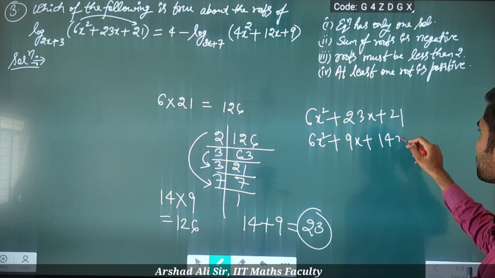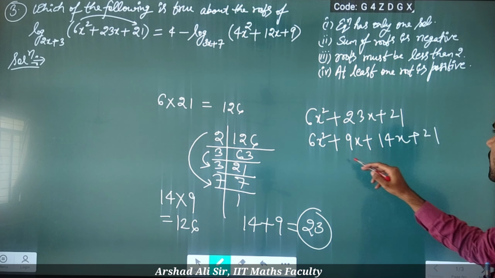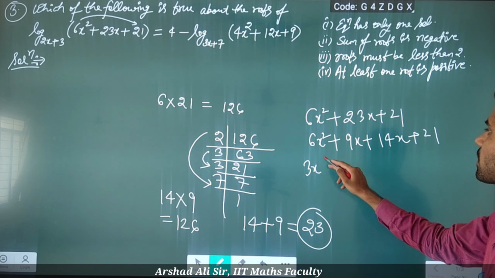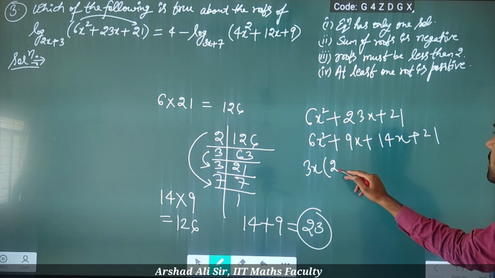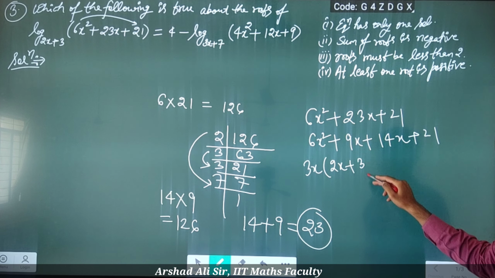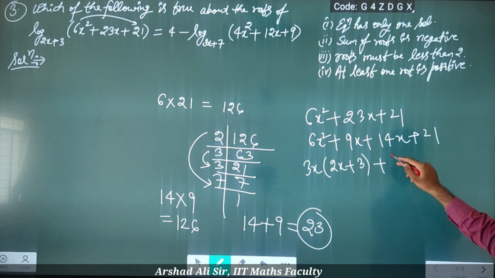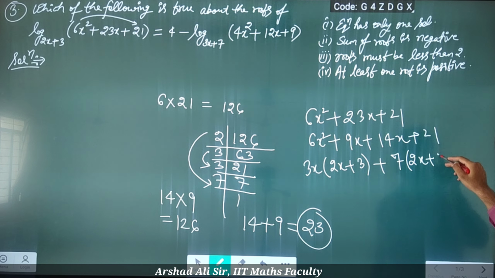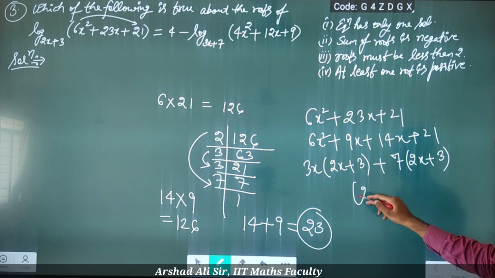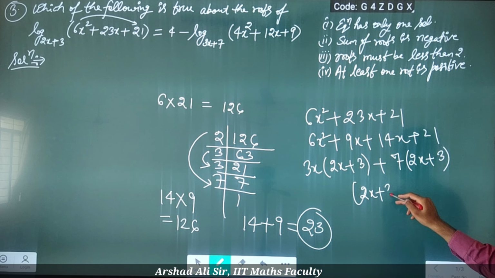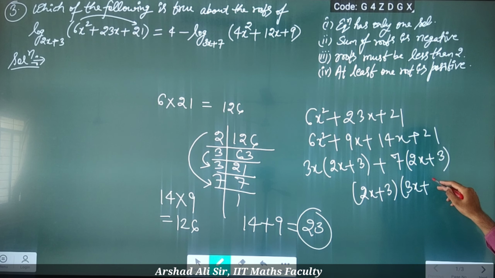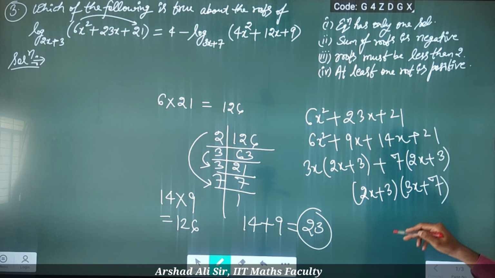Maximum we can take 3x as common, so here we have 2x plus 3. Here we can take 7 as common, so here also we have 2x plus 3. So 2x plus 3 and 3x plus 7.